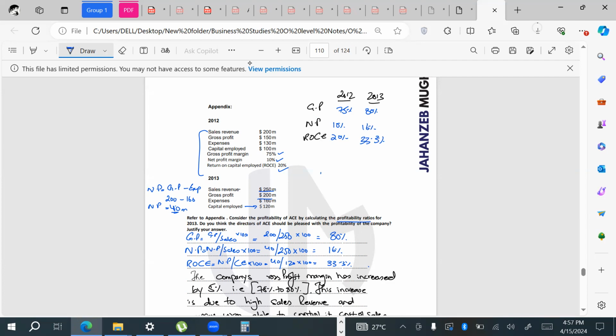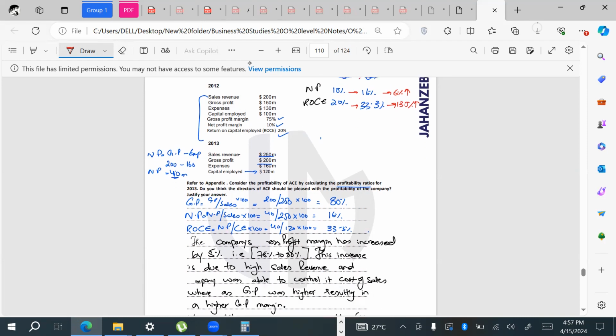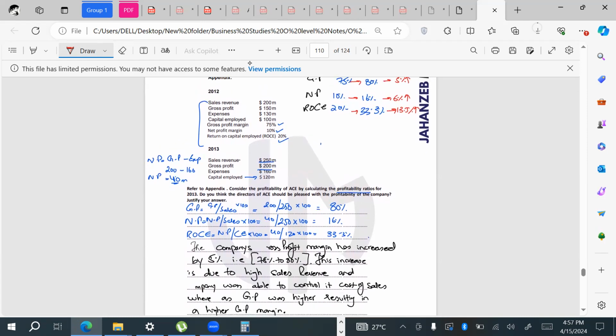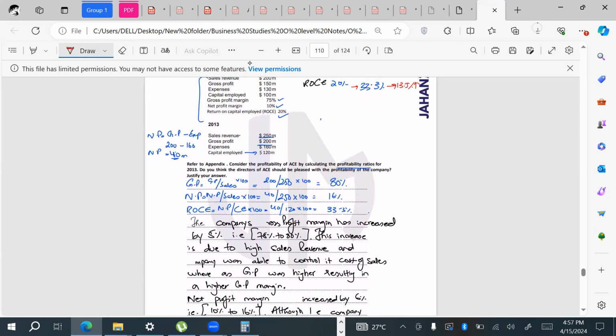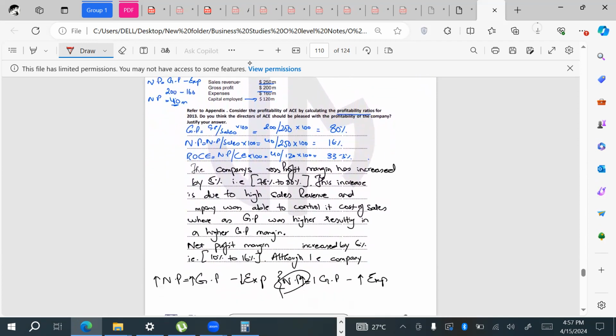So all these results are basically indicating that there was an increase of 5%, an increase of 6%, and an increase of 13.3%, right? It can be seen when you compare all these. So this is for your own ease. Now for that, you need to write down a complete analysis of what is happening. So I have actually written this down.